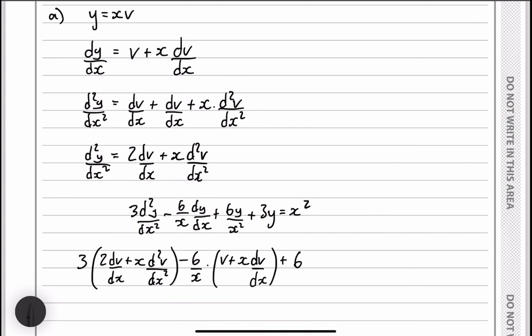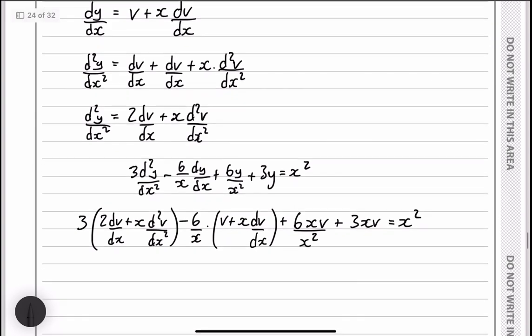Y at the top of the screen is our original transformation, y equals xv. So we've got this, plus 3 lots of y, so that's another xv there, equals x squared.